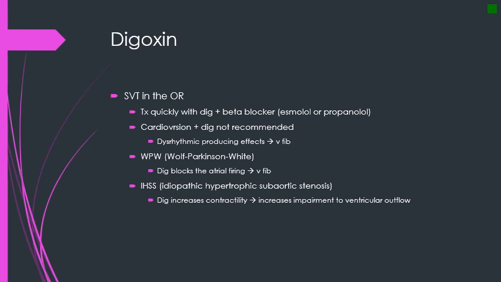But if you have DIG in the OR, you can give digoxin. But once you give that DIG, then you're going to want to get a cardiac consult before you start defibrillating. So most of the time, what you're going to see, again, in the OR is Esmolol being given and cardioversion.